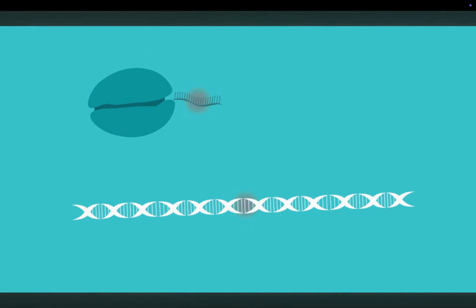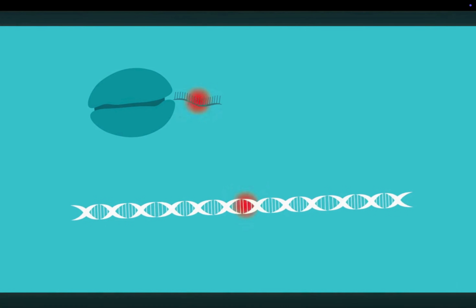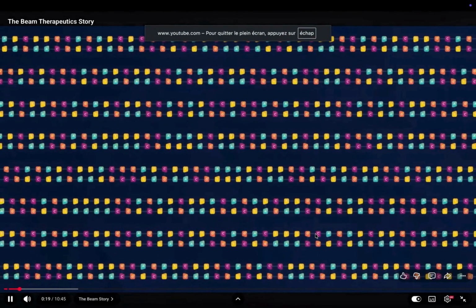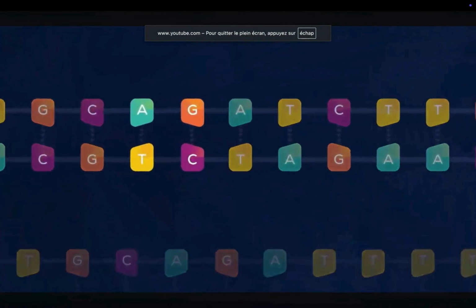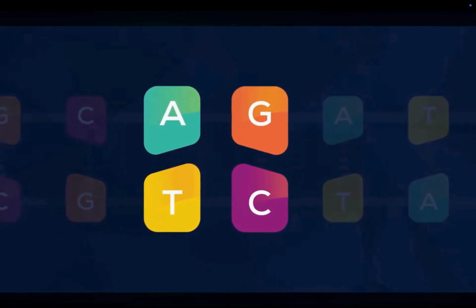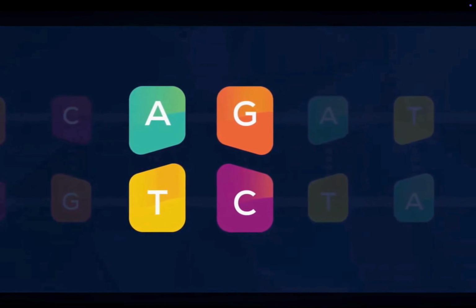Once the guide RNA brings Cas9 to the correct location, Cas9 cuts both strands of the DNA double helix, and this creates a double-strand break. The cell must then repair that break. Traditional CRISPR-Cas9 is powerful, but double-strand breaks can sometimes produce unpredictable and unwanted insertions, deletions, or larger DNA rearrangements.